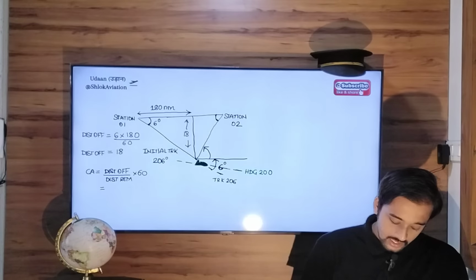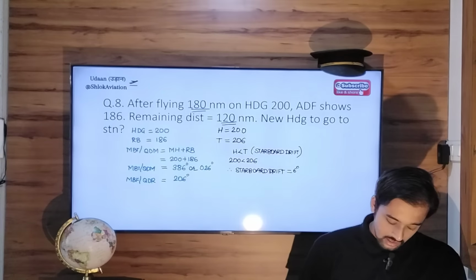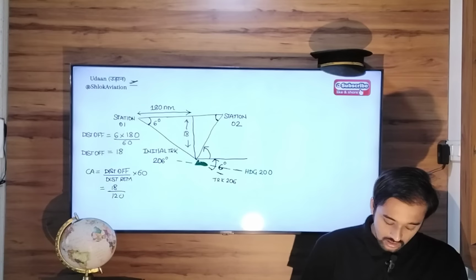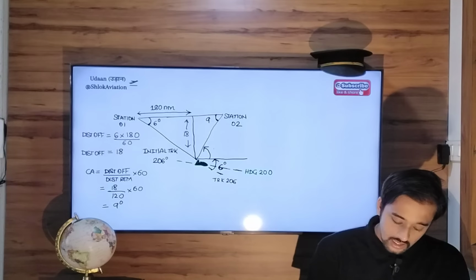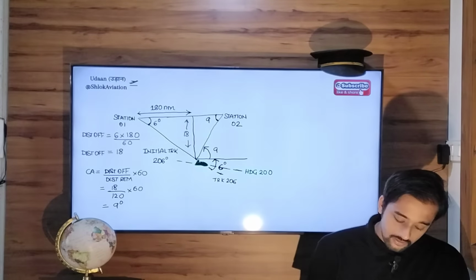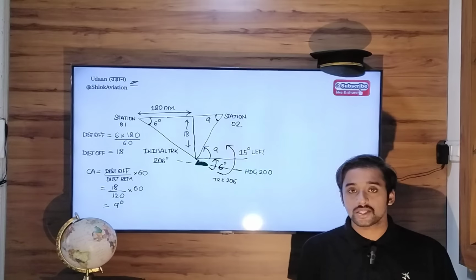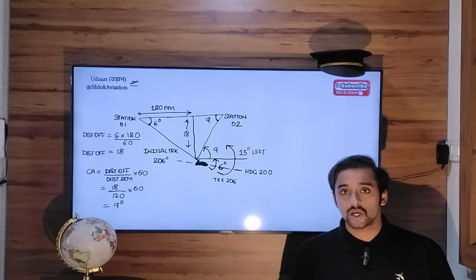So distance off track is 18. Distance remaining is how much? 120. Answer is 9 degrees. So closing angle is 9 degrees. So as a result, you will have to make a total left turn of 15 degrees to come back to your station number 2.